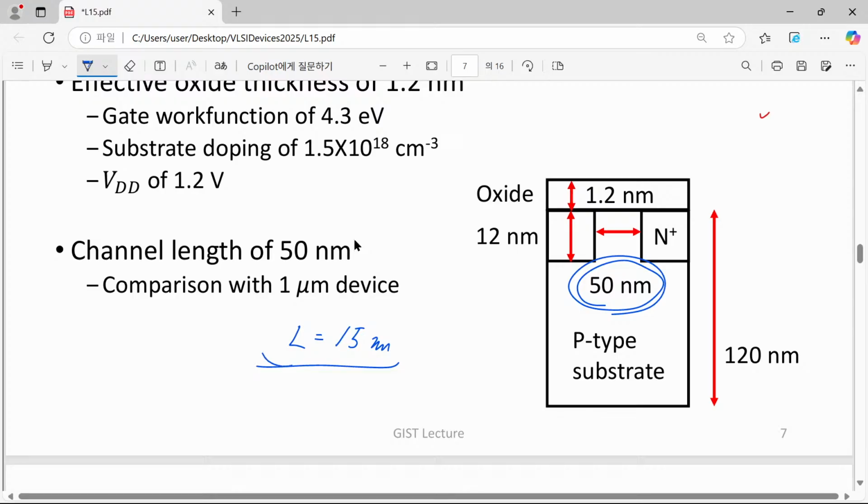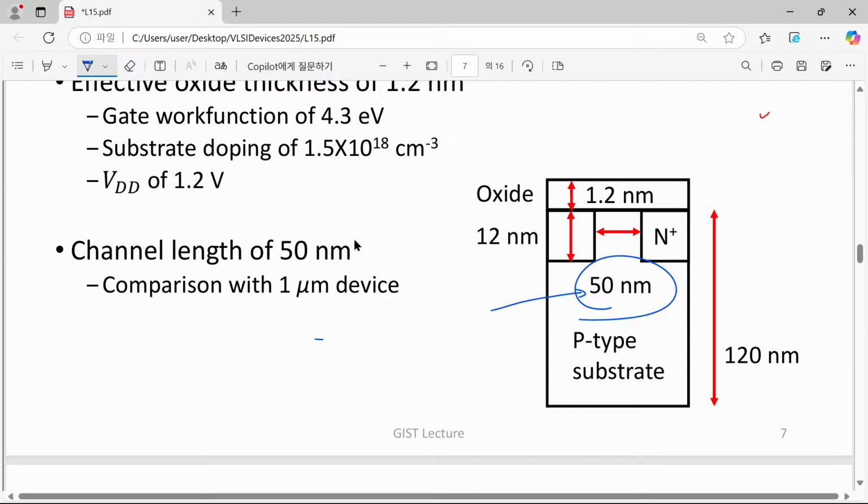So compared with this one, 50 nanometer would be already 3 times longer than the minimum length scale. So it can be regarded as a long channel. But I'm saying that the technology shown here is just a planar MOSFET technology. So 50 nanometer is already the limit of this technology, so we can treat it as a short channel device.